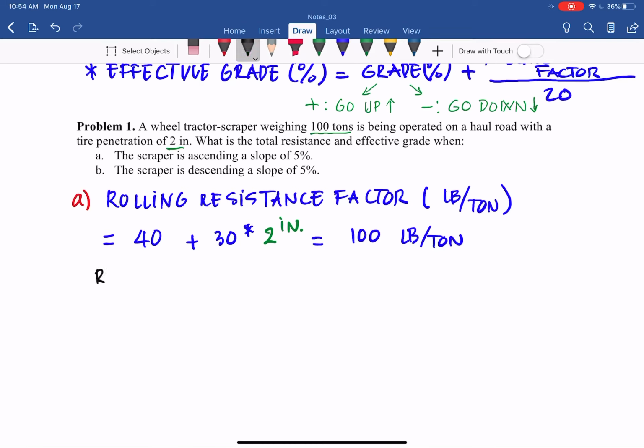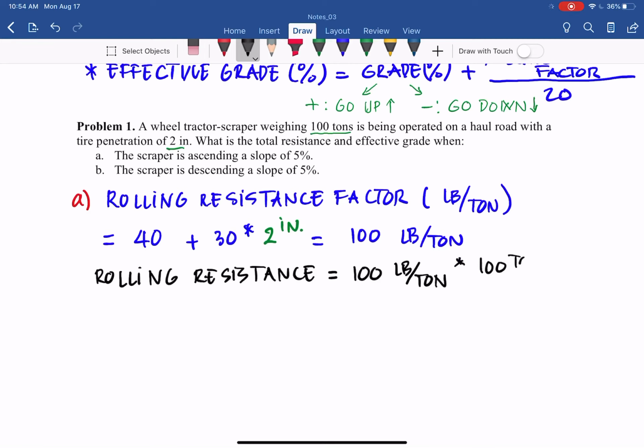in that case. It should equal the rolling resistance factor, 100 pounds per ton, times how many tons they have, times 100 tons of the equipment, in this case the scraper.